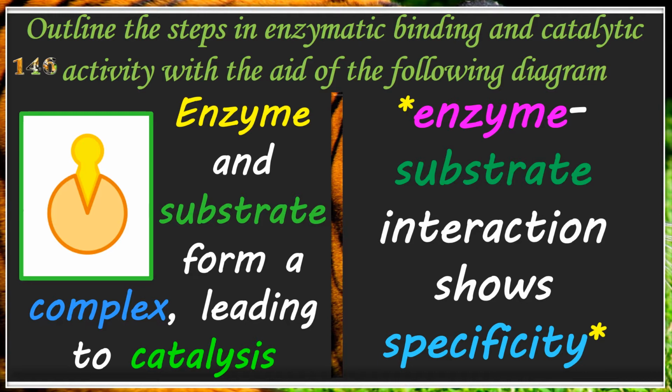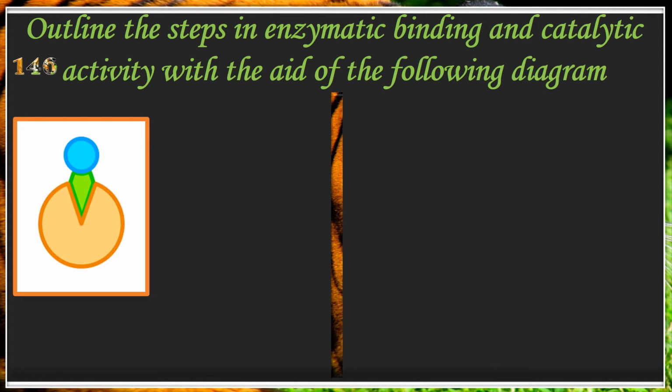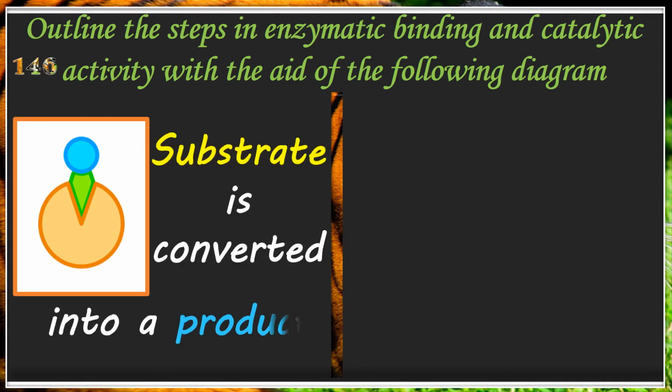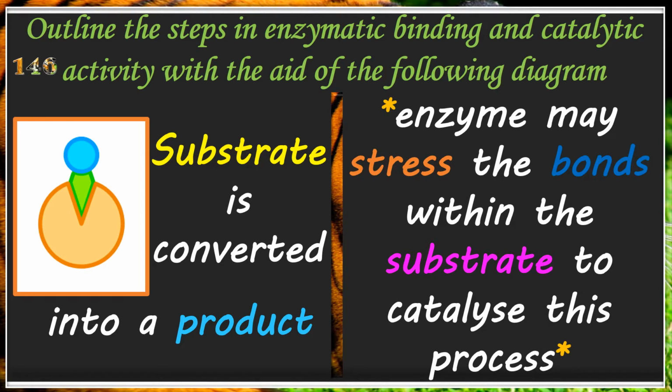Enzyme-substrate interaction shows specificity. Substrate is converted into a product. Enzymes may stress the bonds within the substrate to catalyze this process.